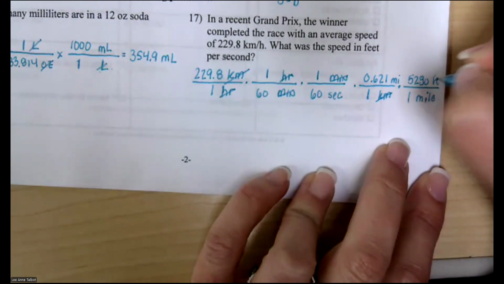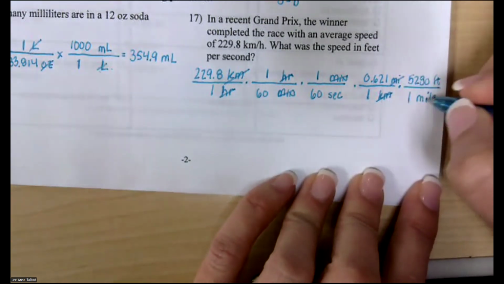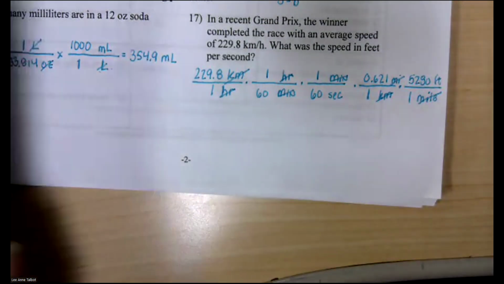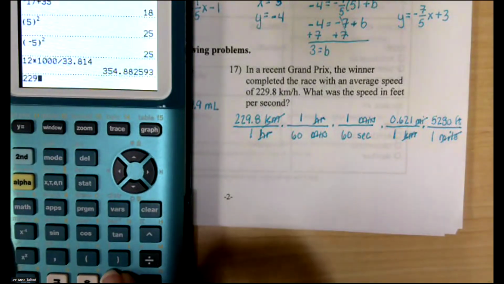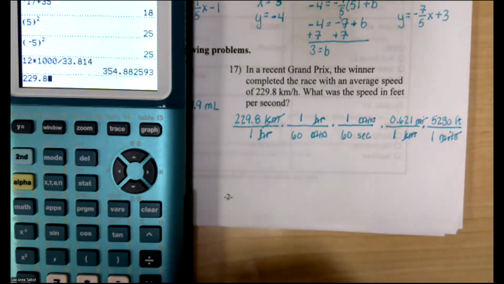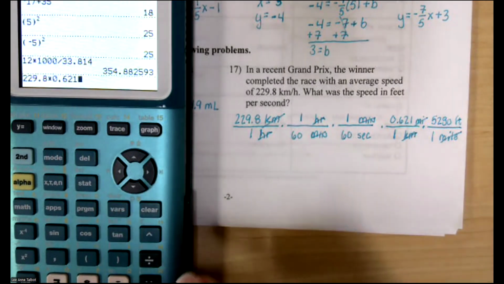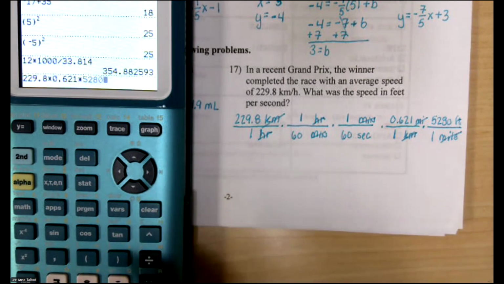Nice. 229.8 times 0.621 times 5,280 divided by 60 divided by 60.